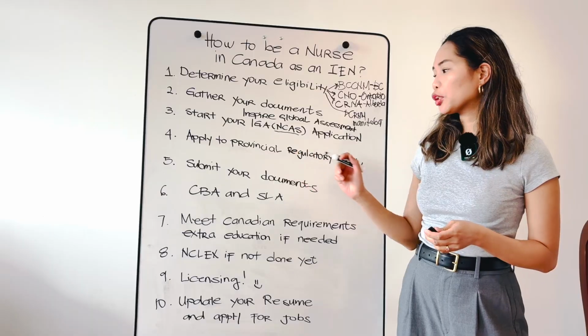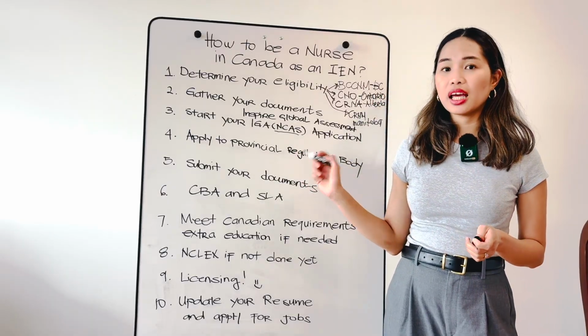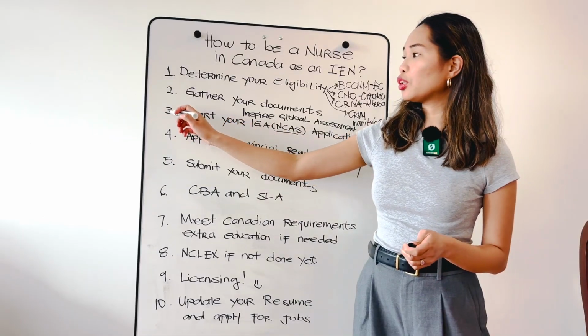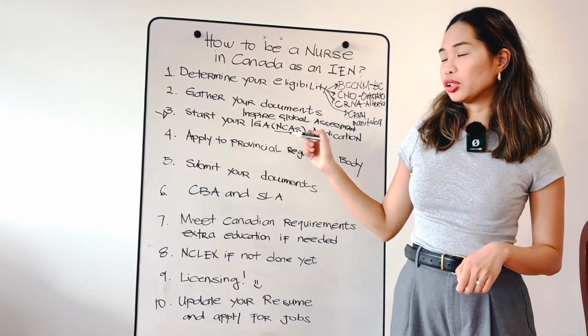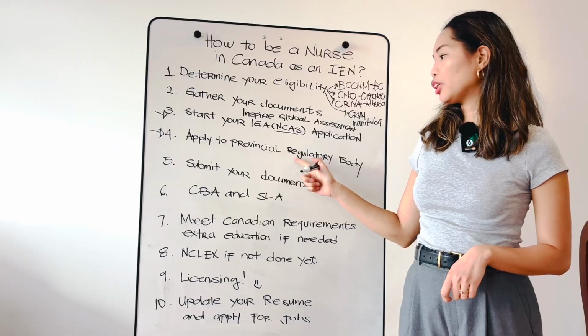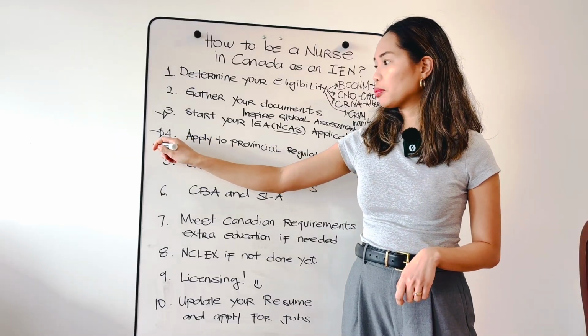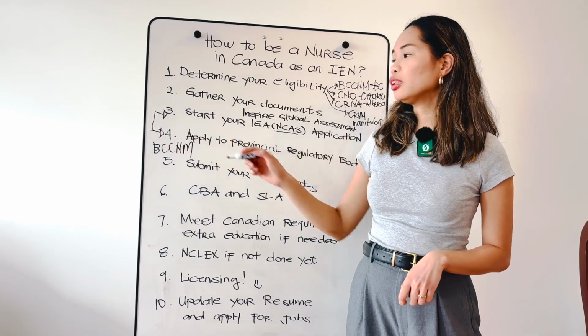Next would be apply to provincial regulatory body. So for example, for BCCNM, what you can actually do is you can start your application. You can start your NCAS or your Inspire Global Assessment the same time that you apply to BCCNM if you are applying to Vancouver. So you can start both applications if you want.